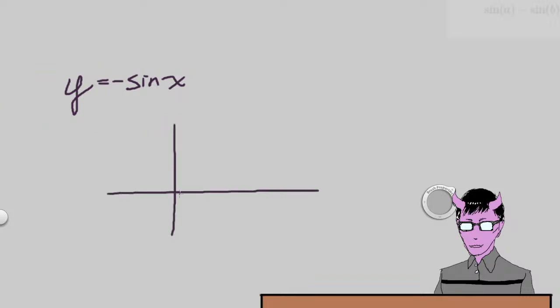So let's do the default one first. 1, 2, 3, 4 hash marks for the period, and then we start off at the origin. It's the max, 0, minimum, 0. There it is. But once we take into consideration this negative, your graph gets flipped. So instead of being at +1, this one reflects across to -1 for the peak.